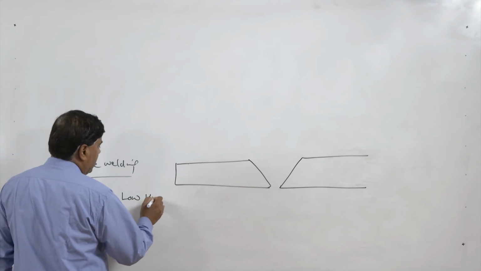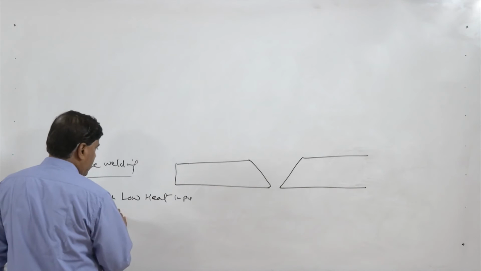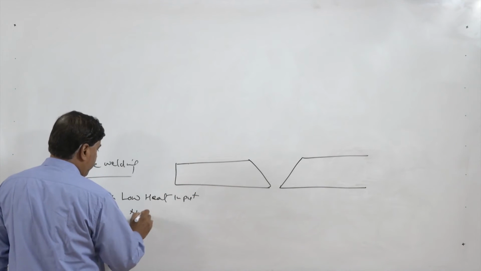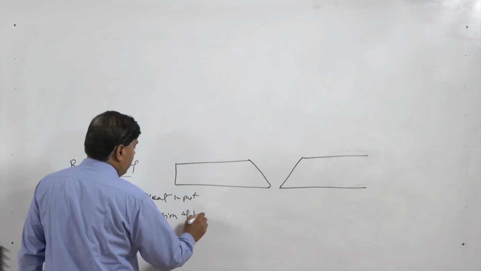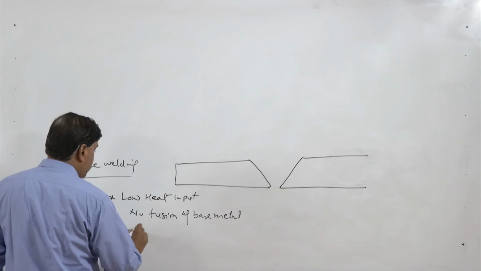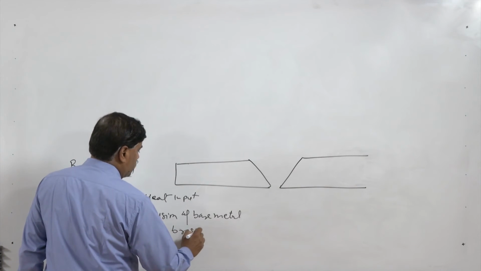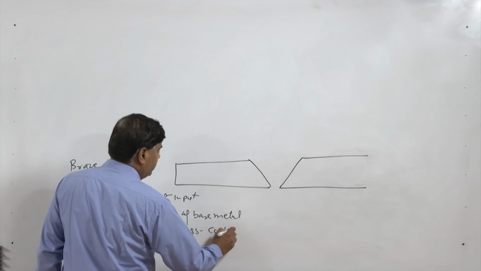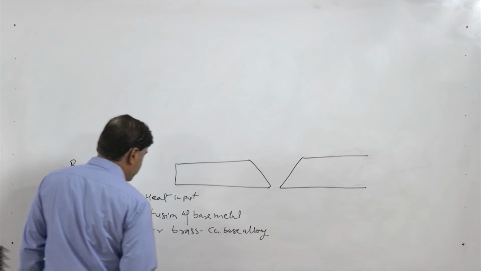So, net low heat input, no fusion of base metal, and the filler is invariably brass, which is copper based, and offers much better strength.